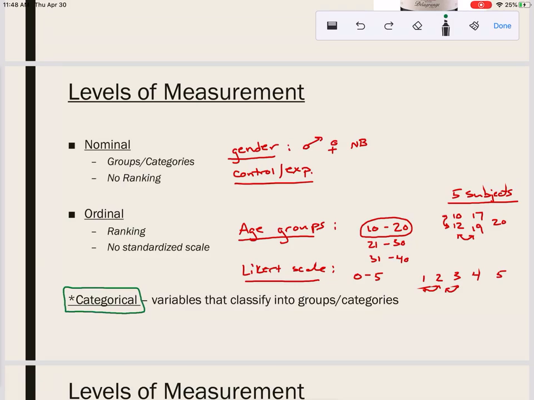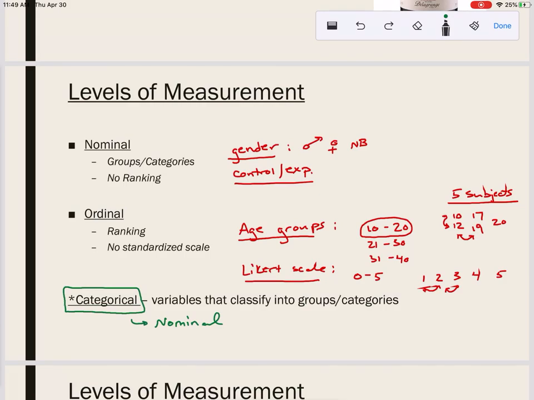I want to point out another term, and it doesn't fall into our 4 levels of measurement, the NOIR: nominal, ordinal, interval, ratio. You might see the term categorical. People might use a categorical variable, and that describes variables that can be classified into groups or categories. People usually are thinking of nominal.